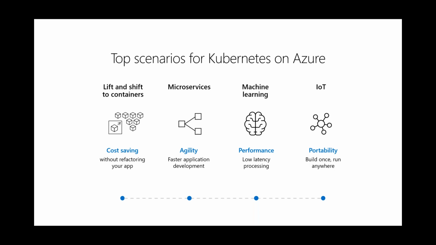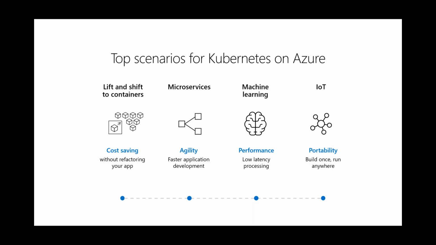Other scenarios for Kubernetes: microservices, so that you can develop your application faster with more agility. This is a huge business driver as release windows and release timeframes are reduced, so that you can spend more time on the actual application rather than on orchestrating its deployment. Machine learning.